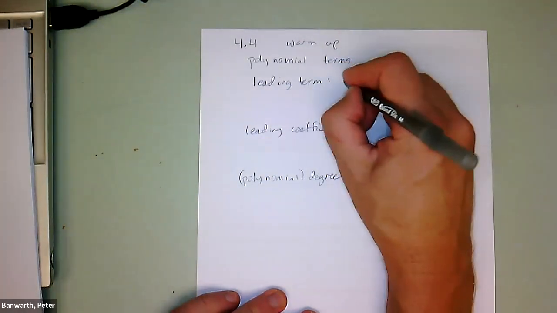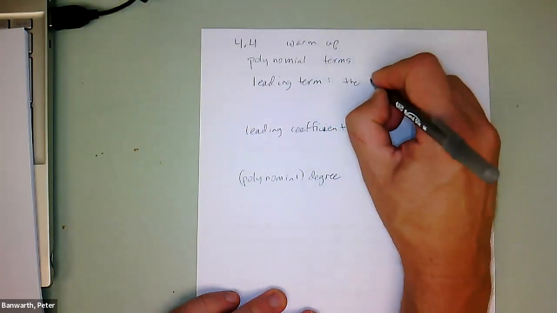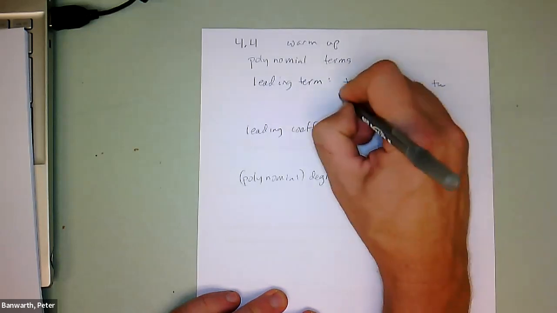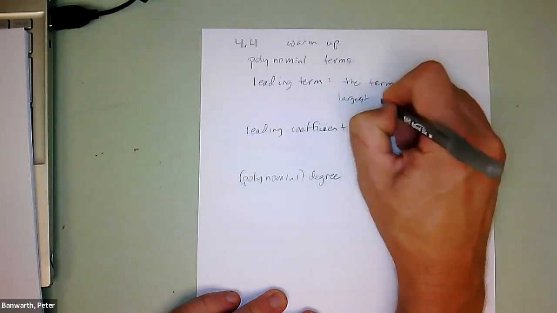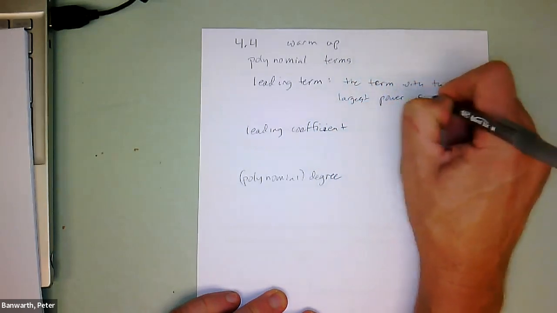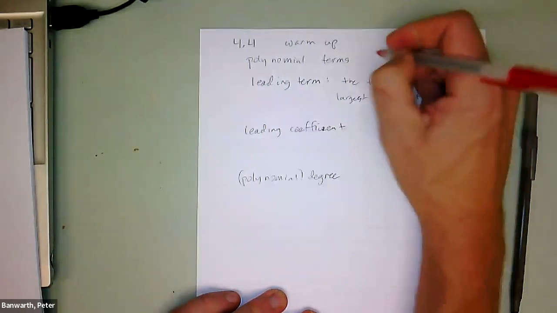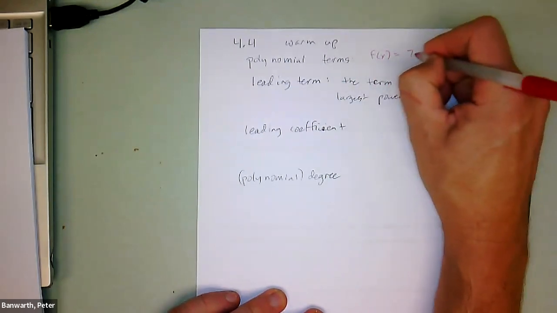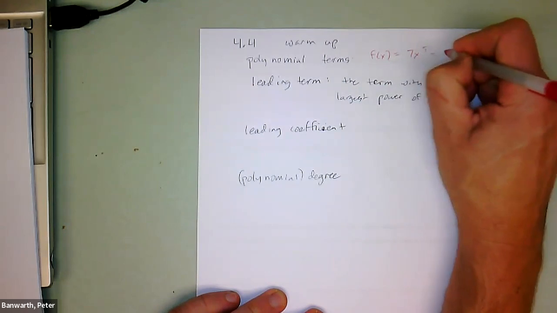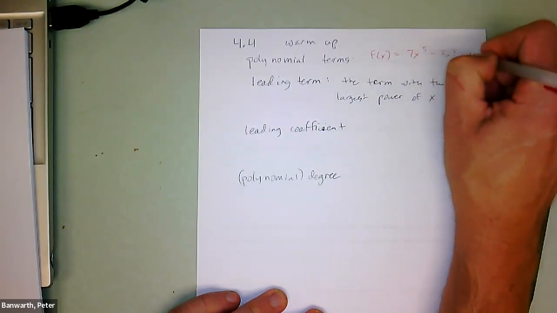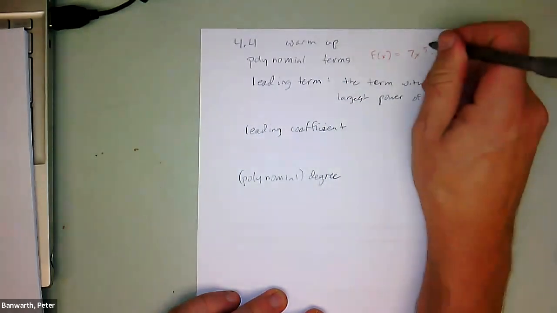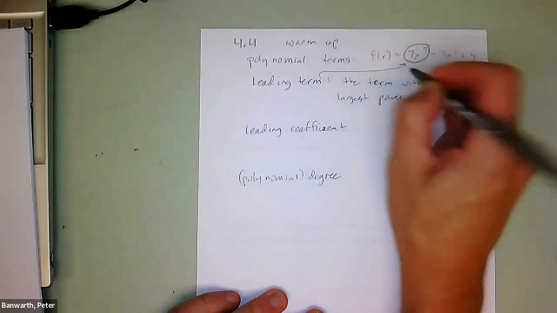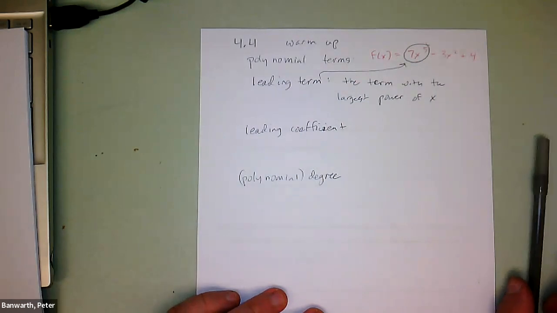So the leading term is the term with the largest power of x. So if I have a function f of x equals 7x to the fifth minus 3x squared plus 4, the leading term is that whole term, the 7, the x, and the raised to the fifth.